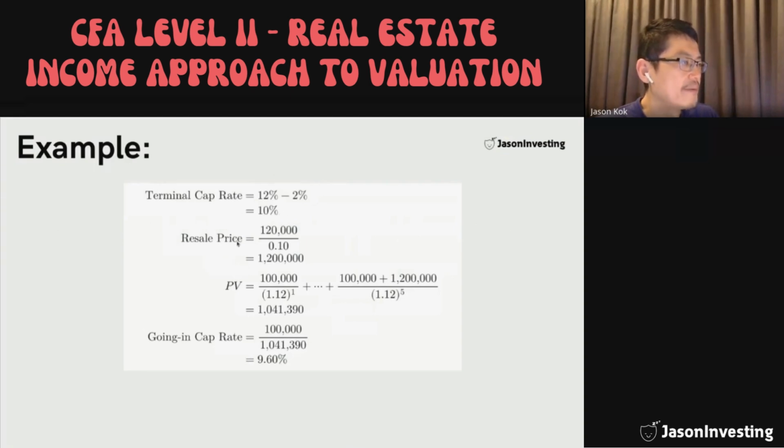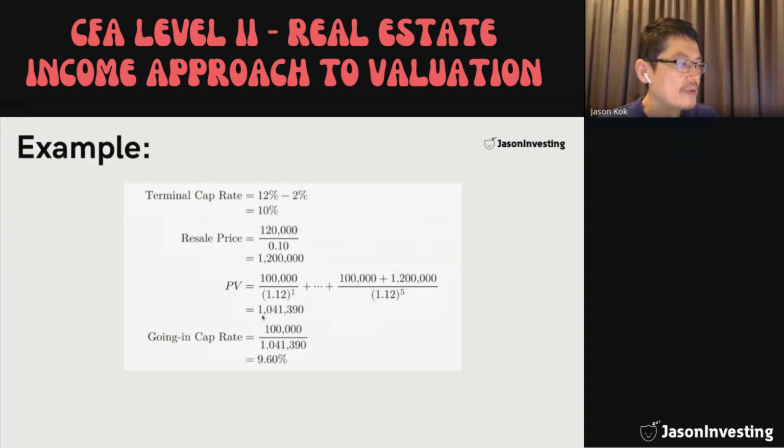And the resale price at the 5th year is calculated by capitalizing the 120,000 expected future NOI by 0.1, resulting in a 1.2 million resale price. But because this resale price is calculated 5 years in the future, we've got to discount it back, also together with the current NOI for the subsequent 5 years.